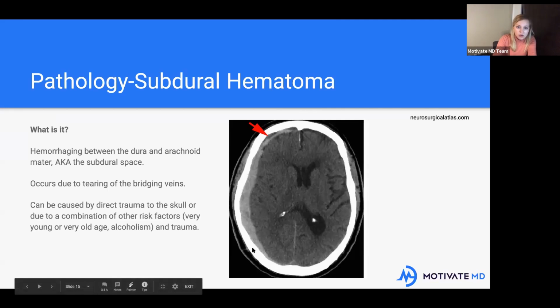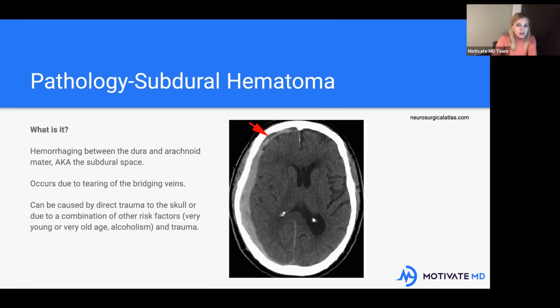Does anybody know what causes, I know it's on the screen, but does anybody know what causes the bleeding? So the last one, epidural, was an arterial bleed, which makes it unique, makes it different. What about for subdural?